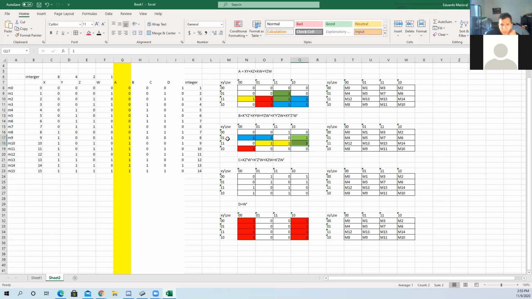The one that does not change here is the Y. So that's going to be a Y, because it does not change right here, the Y. And then the one that does not change is going to be a Z W naught. That's how we get the Z W naught. And then we can get this one.